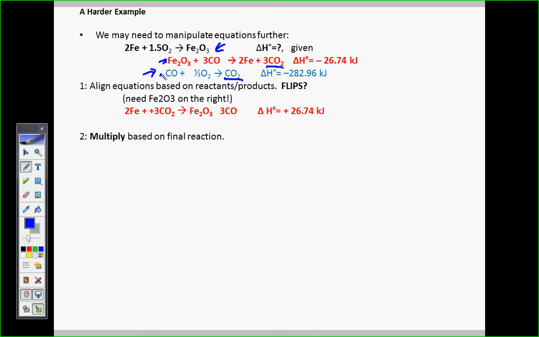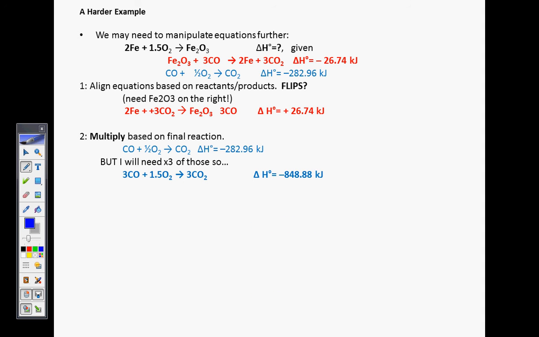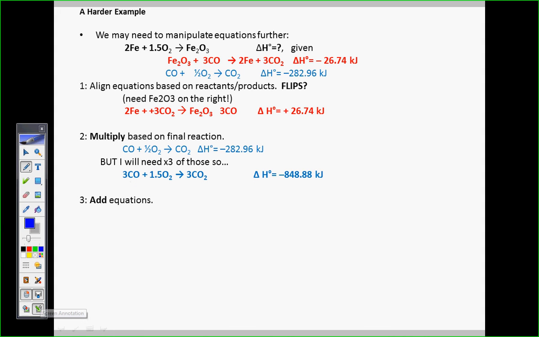Okay, so I'm going to take that equation. I need 3 of them so that the carbon dioxides will cancel and the carbon monoxides will cancel, and it all works out. So if I take 3, that's 3 times the carbon monoxides, 3 times a half oxygen is 1.5 oxygens, 3 times 1 carbon dioxide is, well, 3 carbon dioxides.